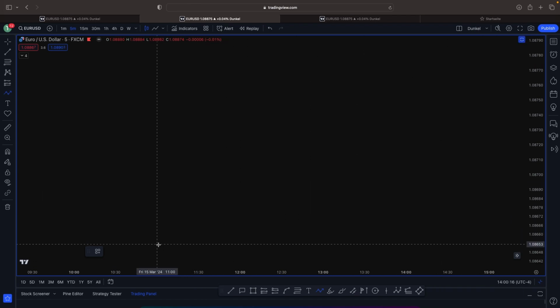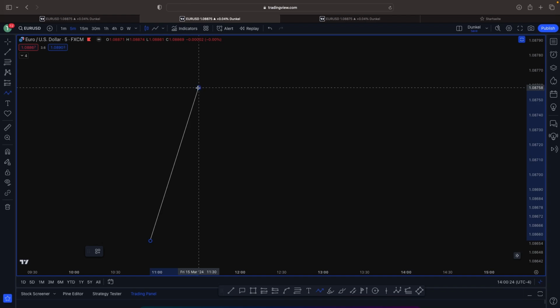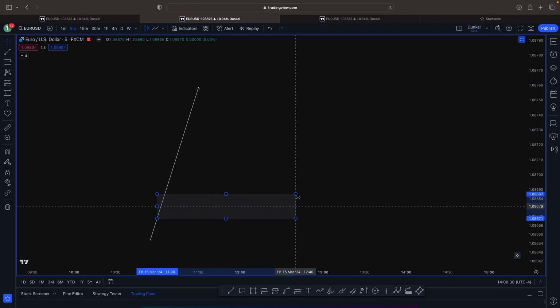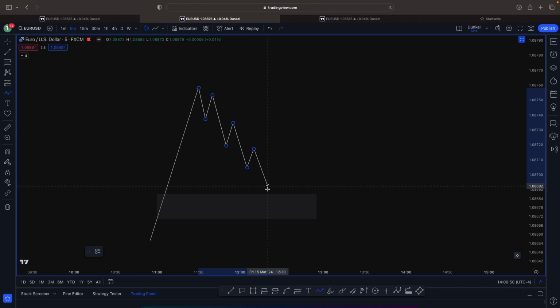So let me just draw it out. We get an impulse to the upside with a PD array, an inefficiency, fair value gap, order block, whatever. And then we get an original consolidation with the different stages of distribution towards the PD array.